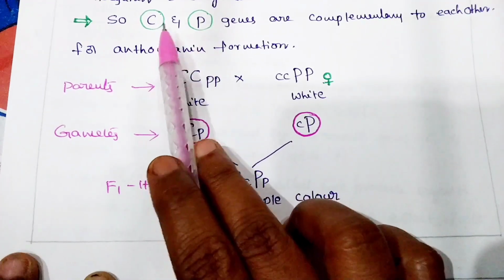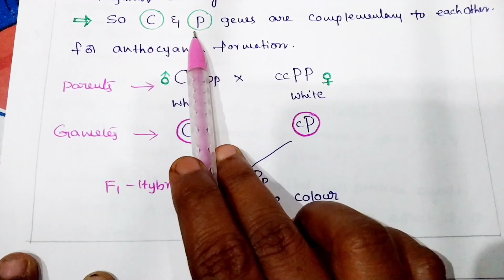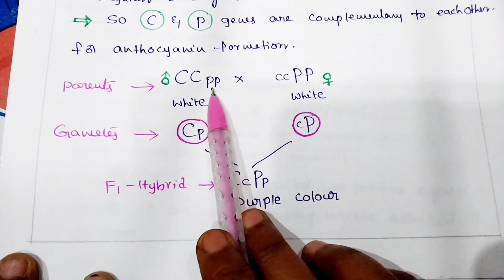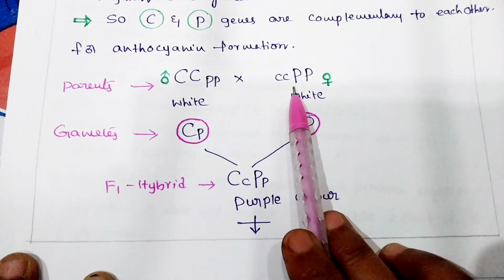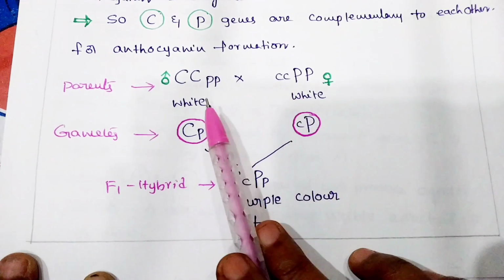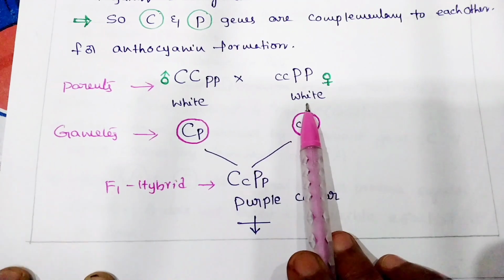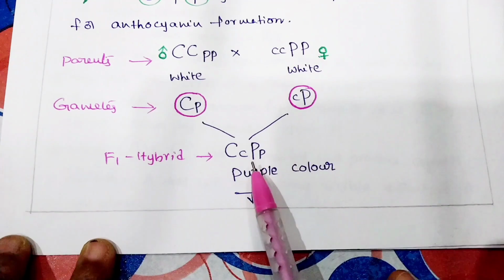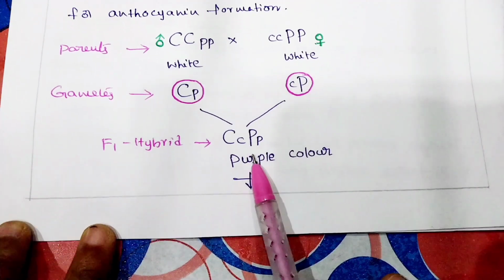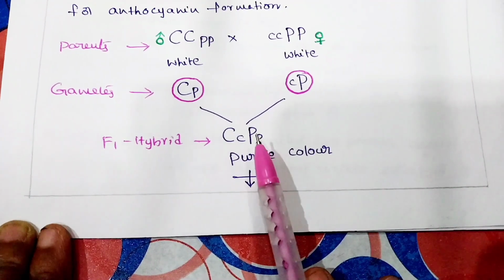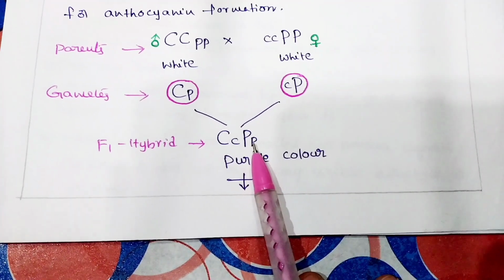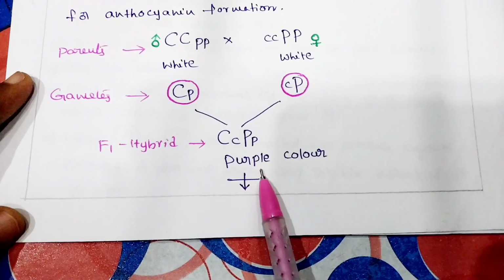If the two dominant genes are present in an individual, they will produce anthocyanin. Here capital P is absent, there capital C is absent. That's why they produce white color flowers. When they are crossed together, they result in an F1 individual having both the genes. So that's why they are purple color.